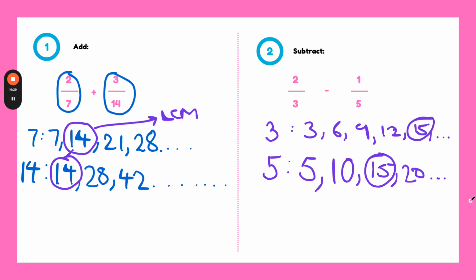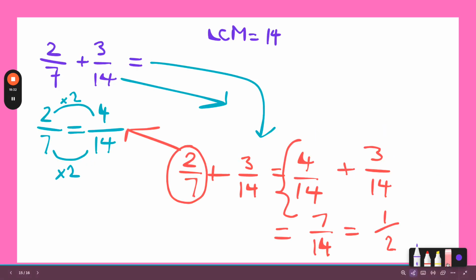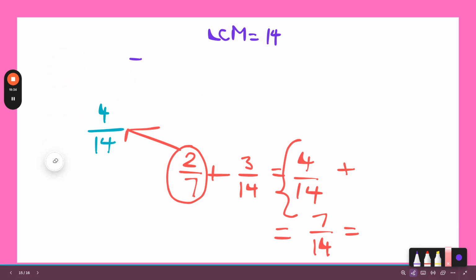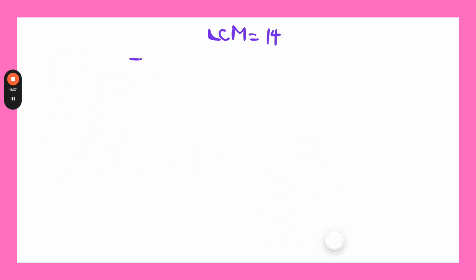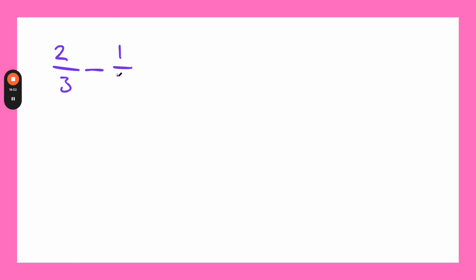So now we know our LCM, we can then perform the subtraction problem. Our original sum was 2 over 3 take away 1 over 5. So we need to convert each fraction into an equivalent fraction with a denominator of 15.